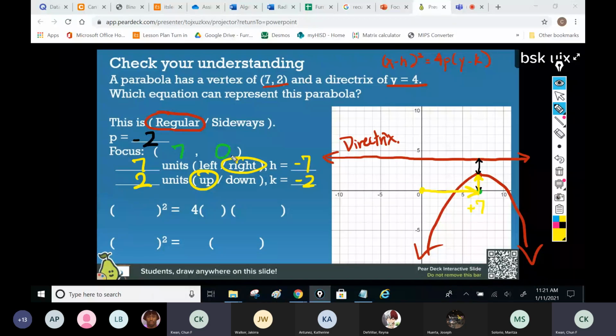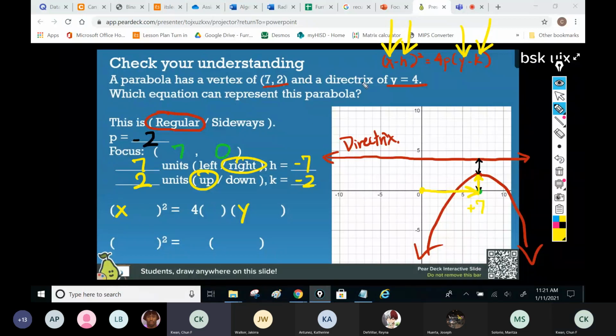All right, so now let's plug in the numbers. I need the x and the y to stay a variable. X and y, we need it for sure. And then we will plug in the h and the k.